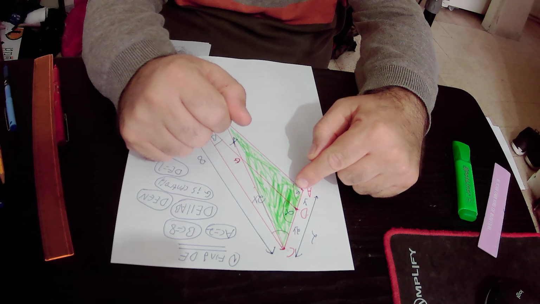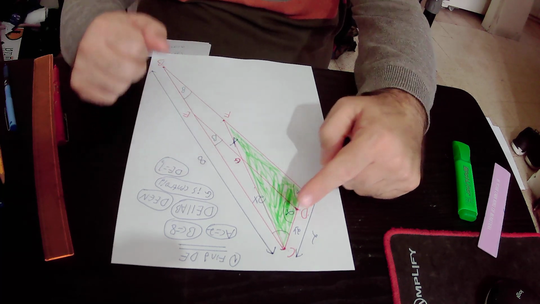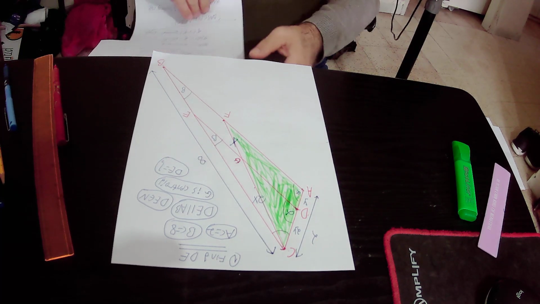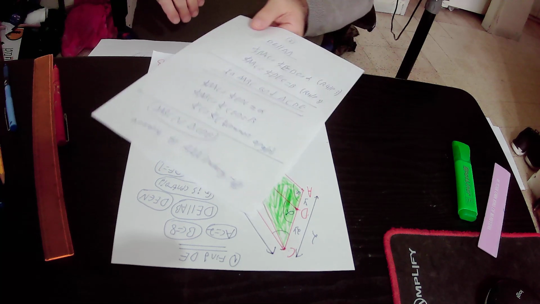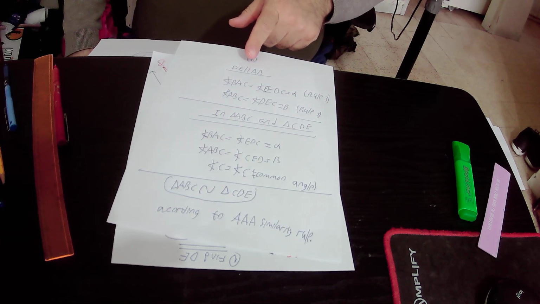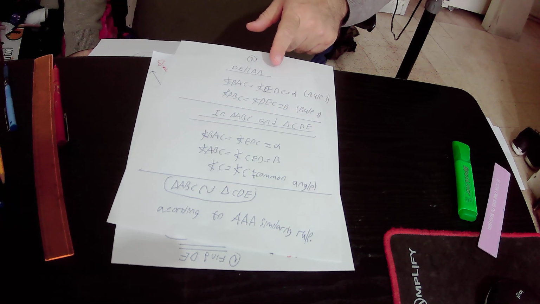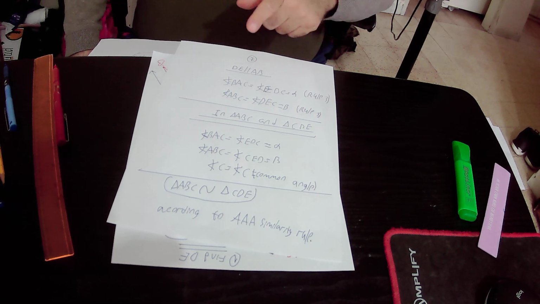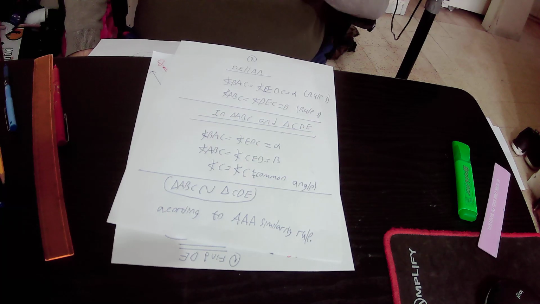So if this angle is alpha, this angle will also be equal to alpha. So according to rule number 3, the corresponding angle BAC will be equal to the corresponding angle EDC, and both will be equal to alpha.